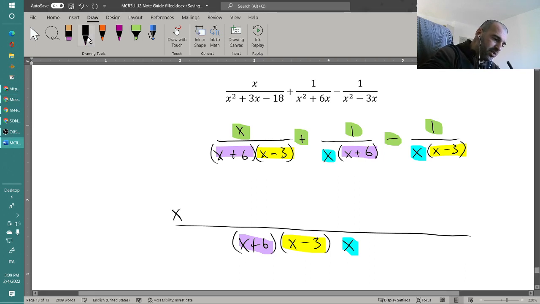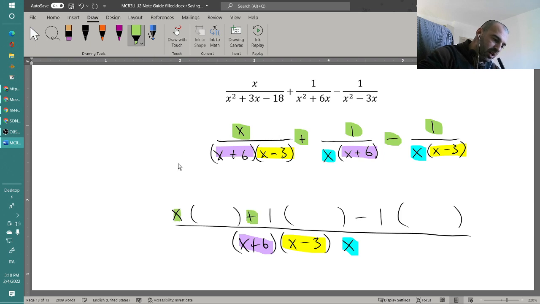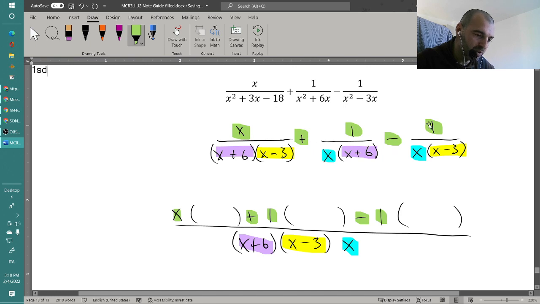So it's x, and I'm going to leave a space, plus 1, I'm going to leave a space, minus 1, and I'm going to leave a space. I just copied all of that down in green: x plus 1 minus 1.